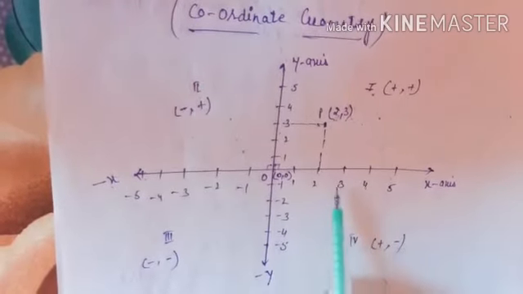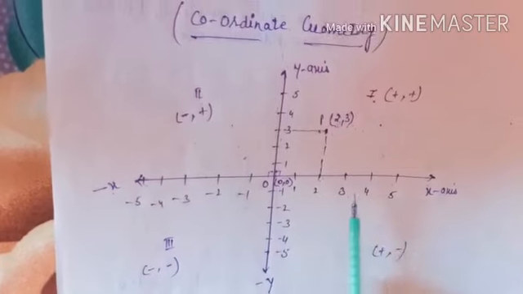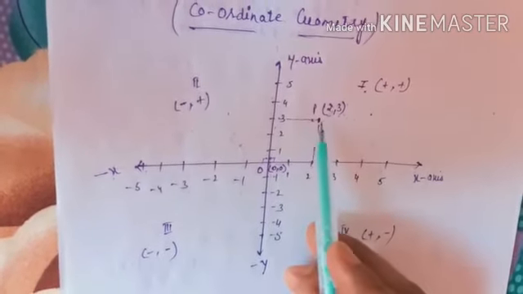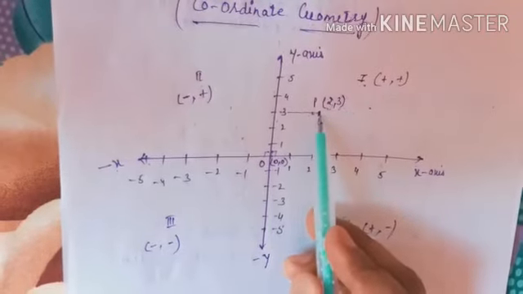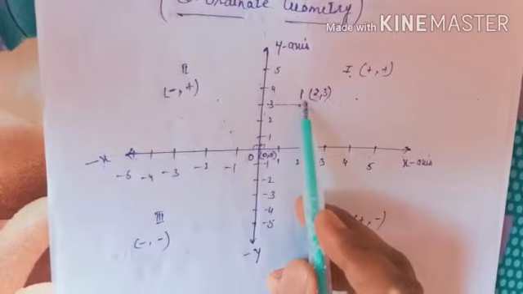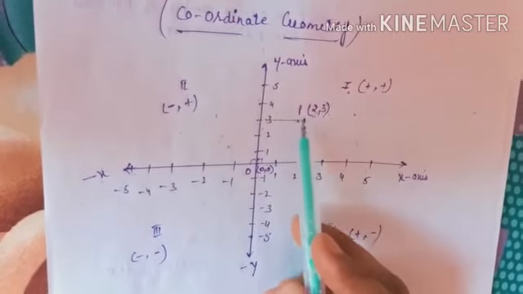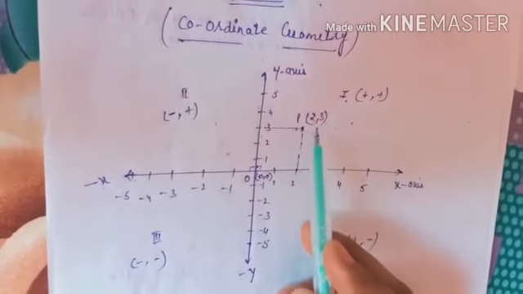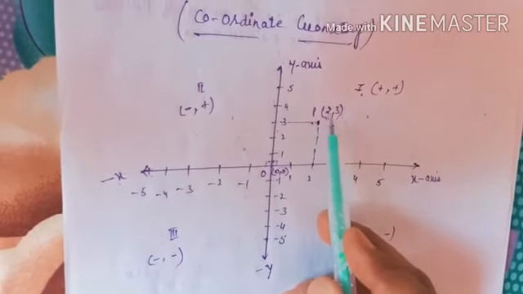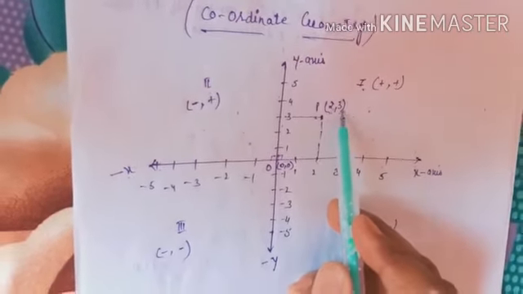Yes beta, in 9th class you have already studied the location of points. Suppose a point P lies in the first quadrant, then how to find the coordinates of this point, you already know. The coordinates of this point are 2 and 3, where 2 is the x coordinate and 3 is the y coordinate.